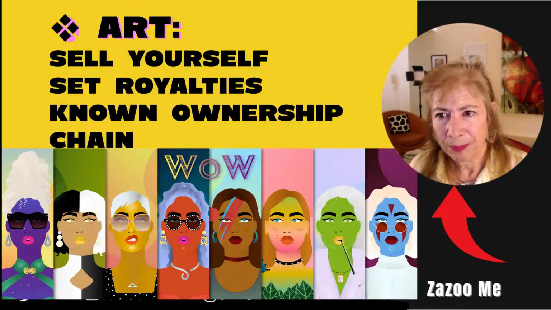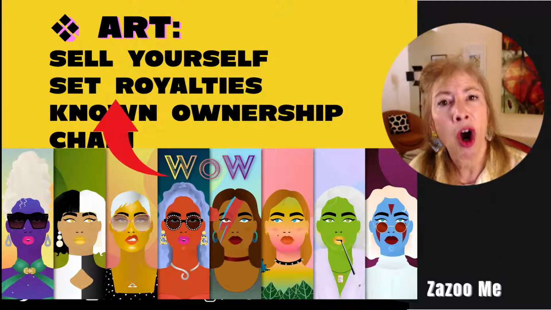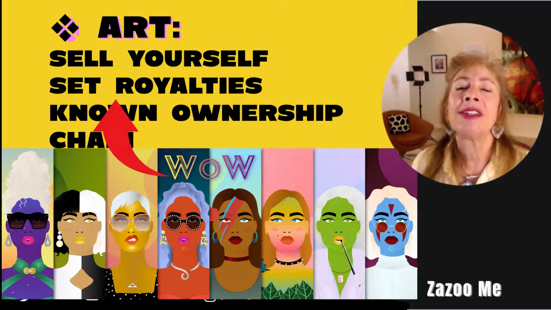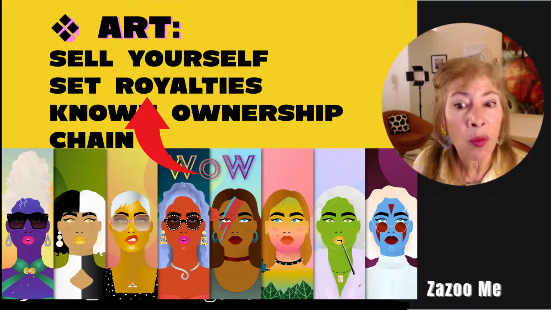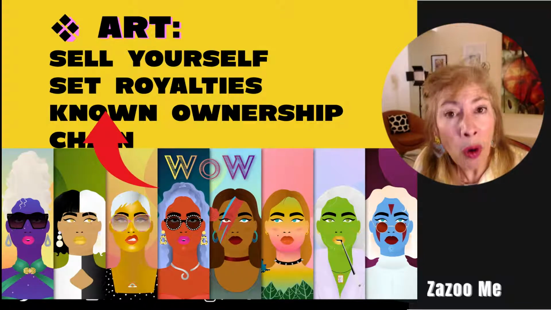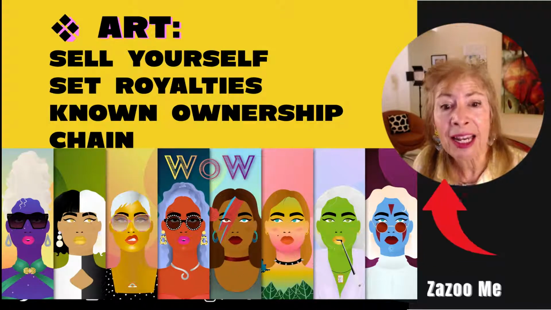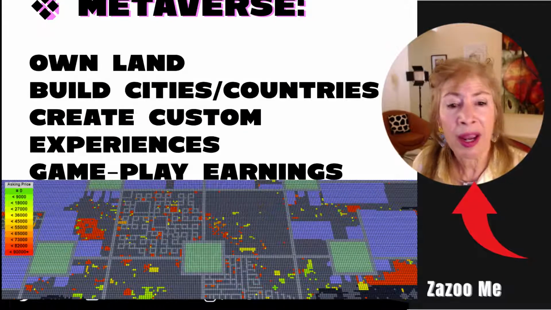For example, if you're an artist, you can sell the art yourself. You can set royalties that you will earn in the secondary market when your NFTs are resold. You will actually know who owns your NFT, and then you can add all kinds of additional utility to it.